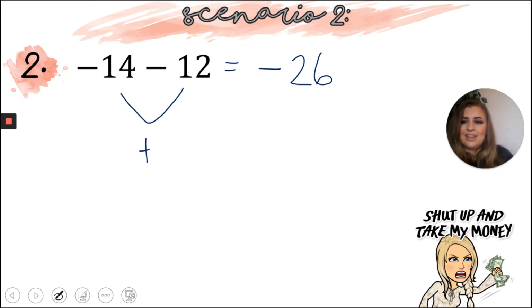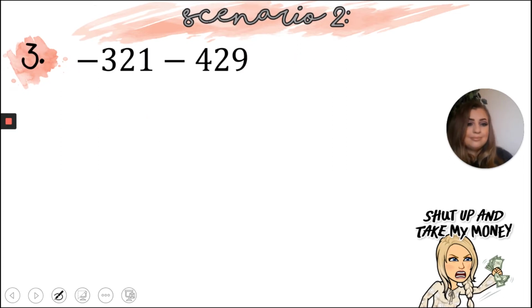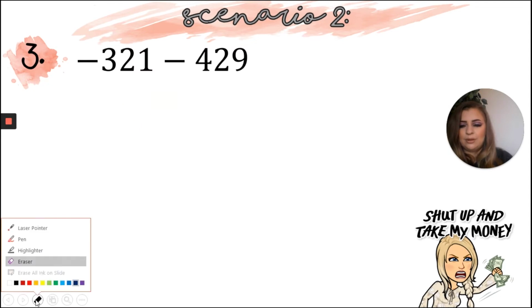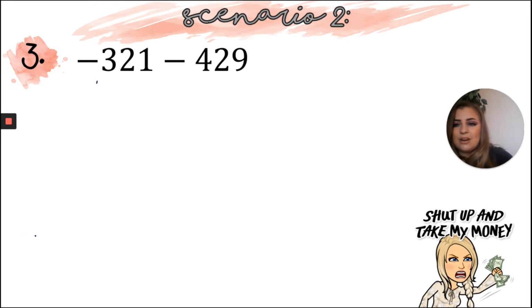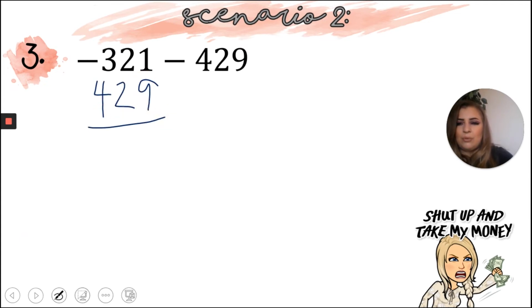Okay? Last one. This is what my credit card be looking like, you guys. So I have, you know what? This is bigger numbers. I'm going to actually, let's do this. Because you know what? It's alright if you can just write it out. I don't know 429 plus 321 in my head.